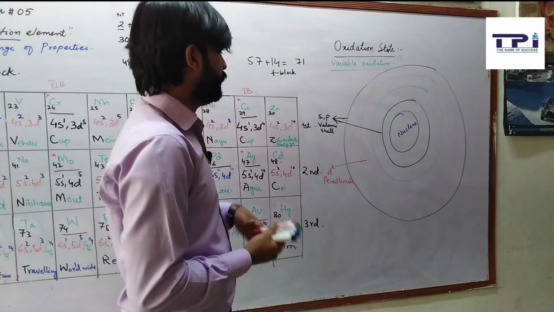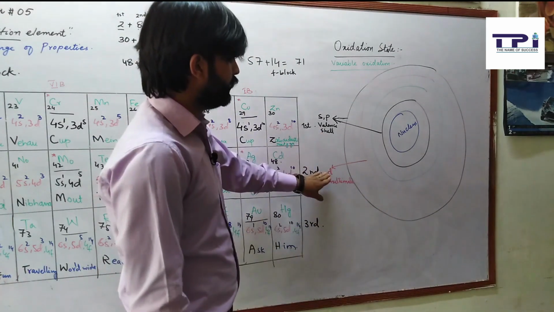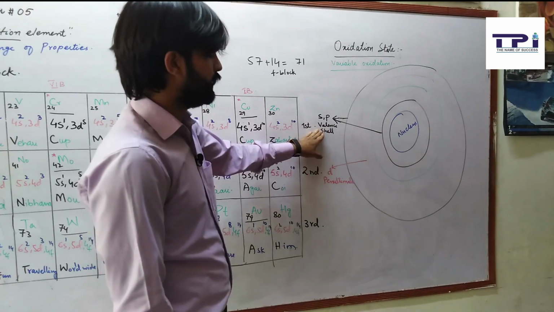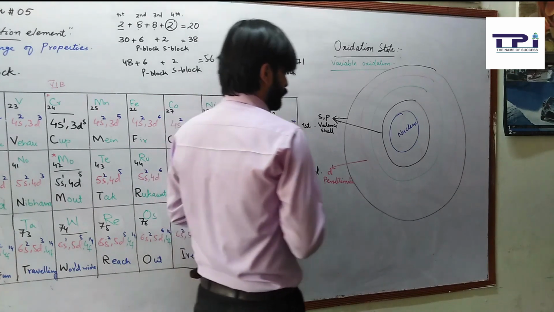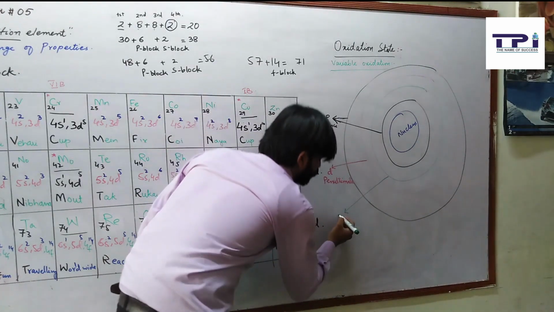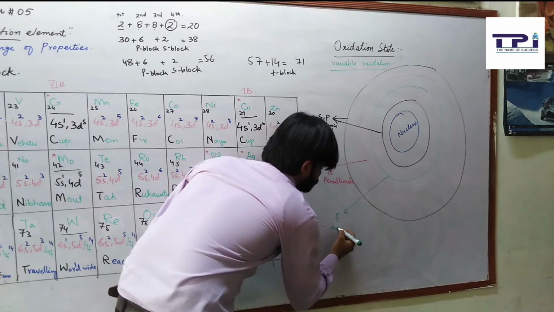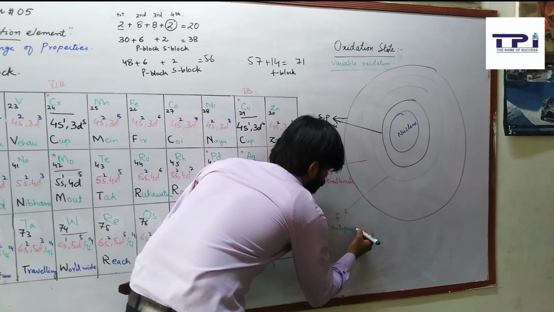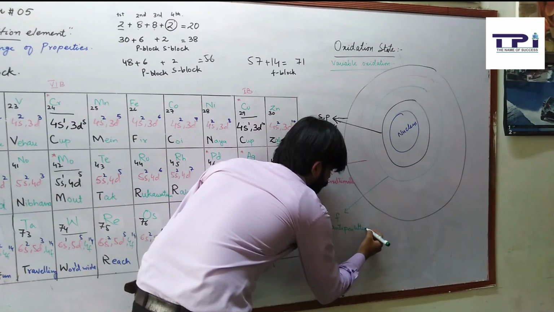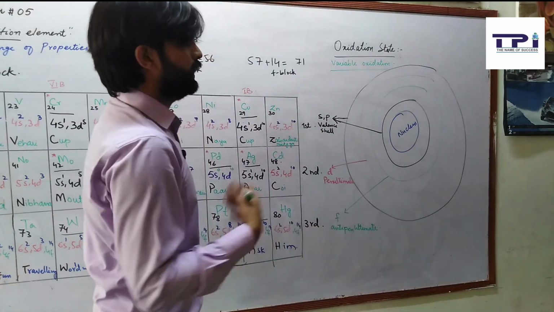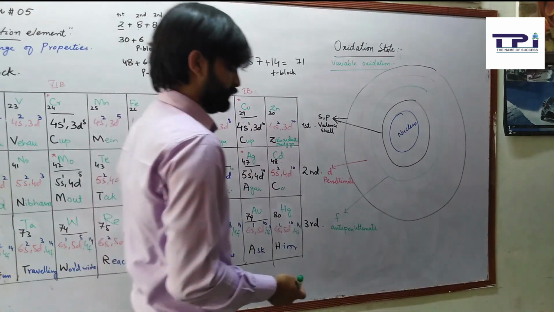Penultimate orbit means an orbit which is filled after the valence shell, and this green line is for F orbit, which is anti-penultimate shell. Anti-penultimate shell means inside a penultimate shell.